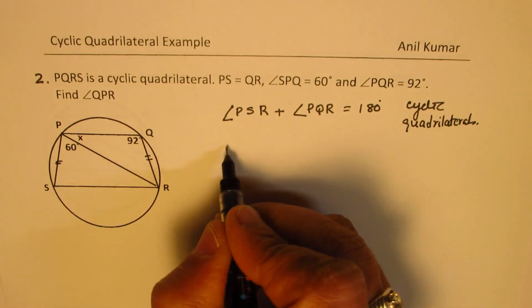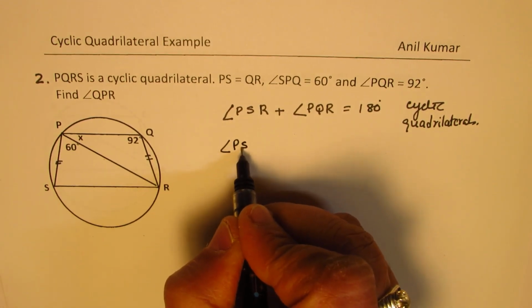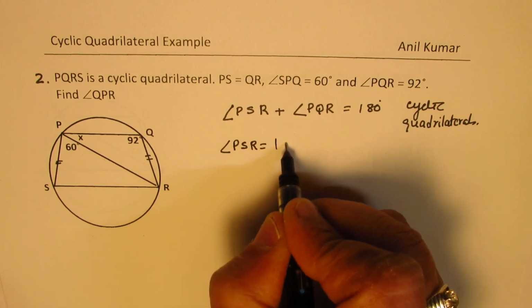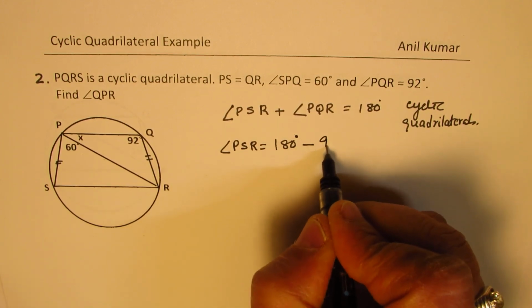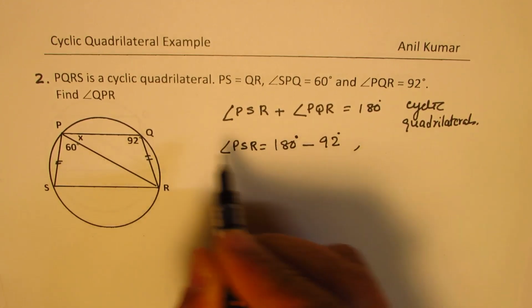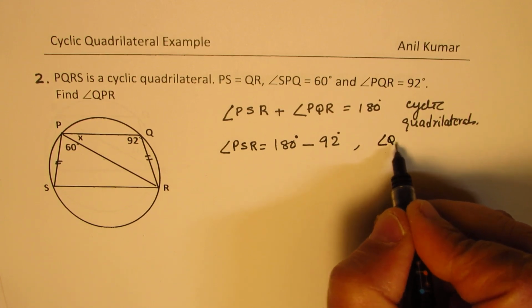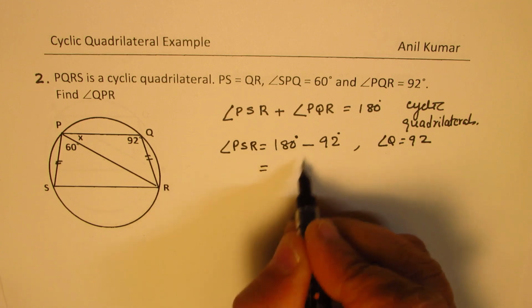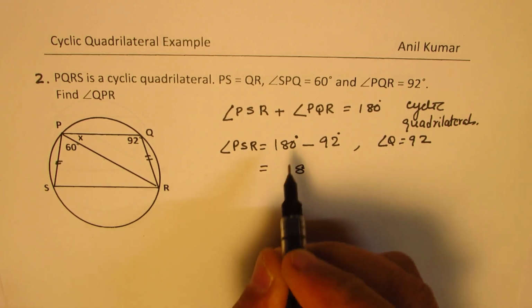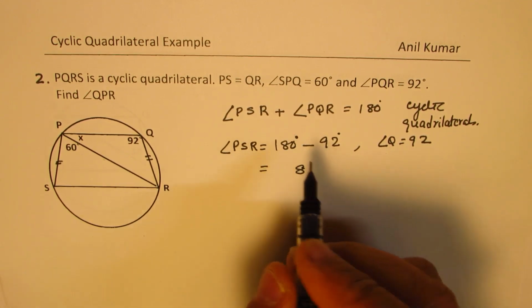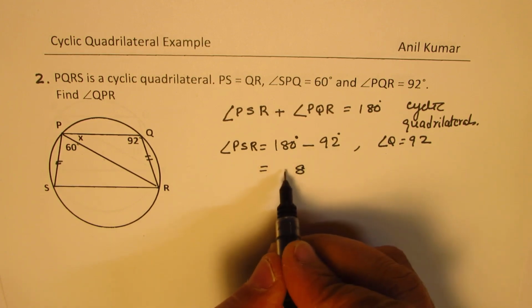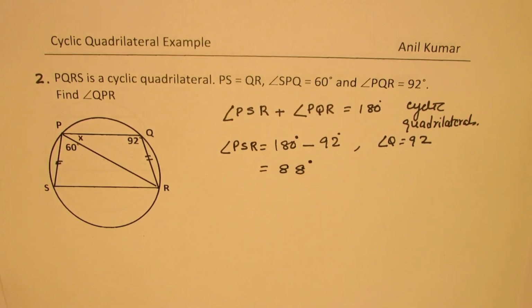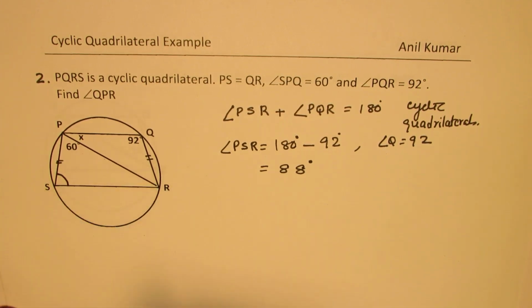So from here we get the angle PSR equals 180 degrees minus 92 degrees, since we know that angle Q equals 92, right? So when you take away, you get 88 degrees. So what you get here is 88 degrees for this angle.